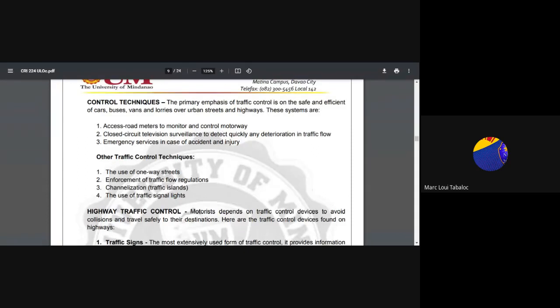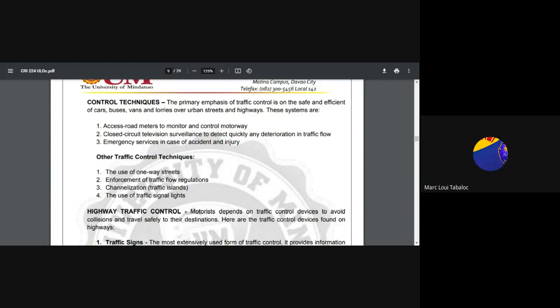Doon nila ipapataw. So after, sabihin natin, after a year, hindi pala alam nung driver na pag-renew niya ng kanyang sasakyan, marami na palang violations na related sa sasakyan na yan. 'Di ba? Bigla na lang siya magugulat, uy, additional fine and penalty. 'Di ba? So that is another advantage for them.